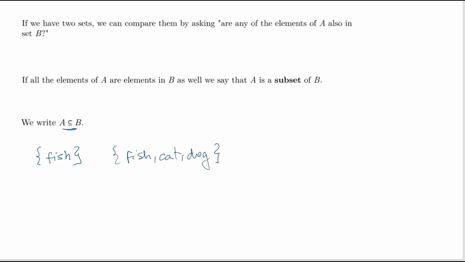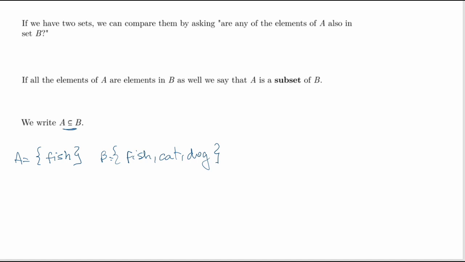Okay? So this is the question. Are any elements of A also in set B? So given two sets, let's call this A, let's call this B. The question is, are any elements of A also in B?